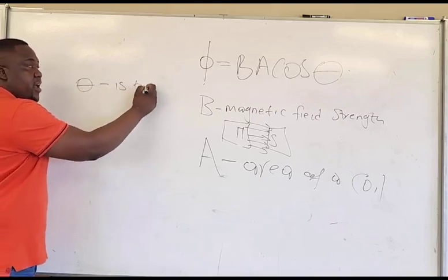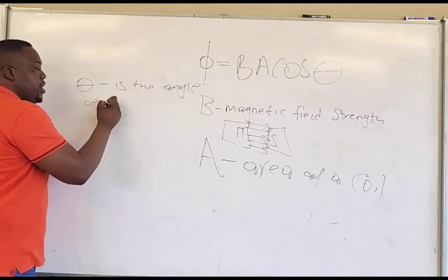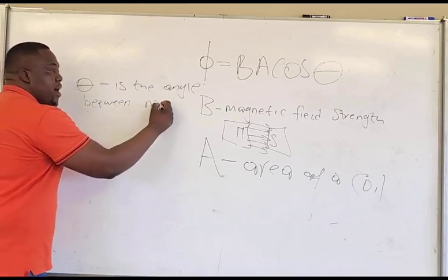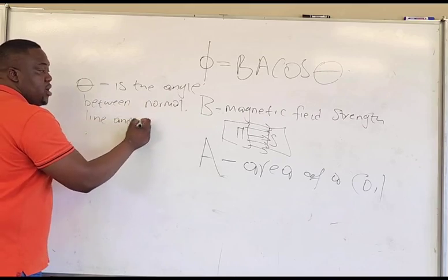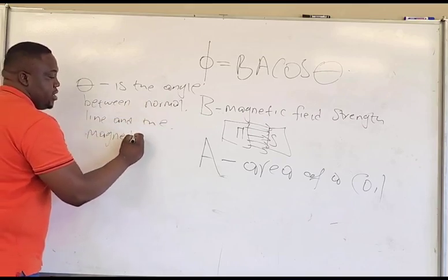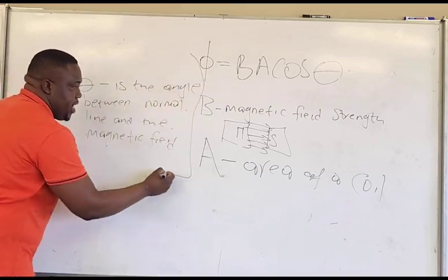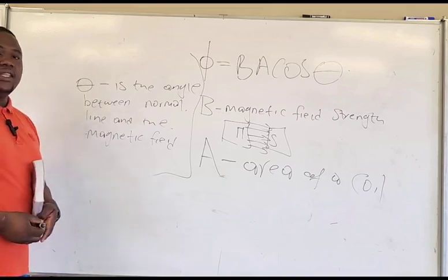Theta is the angle between the normal line and the magnetic field.